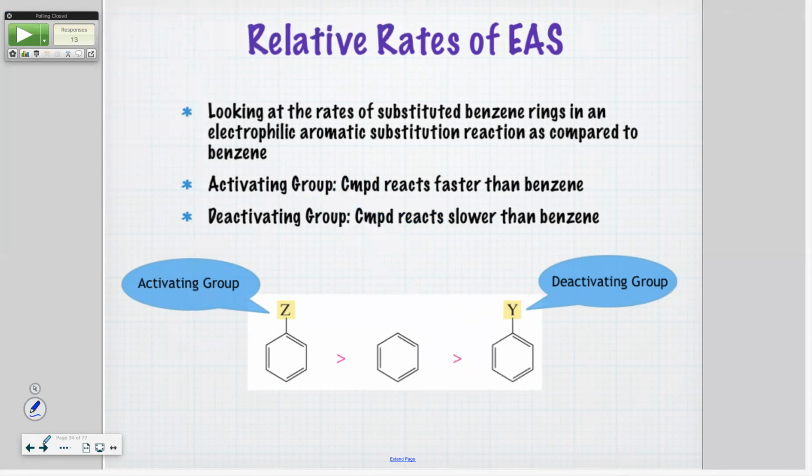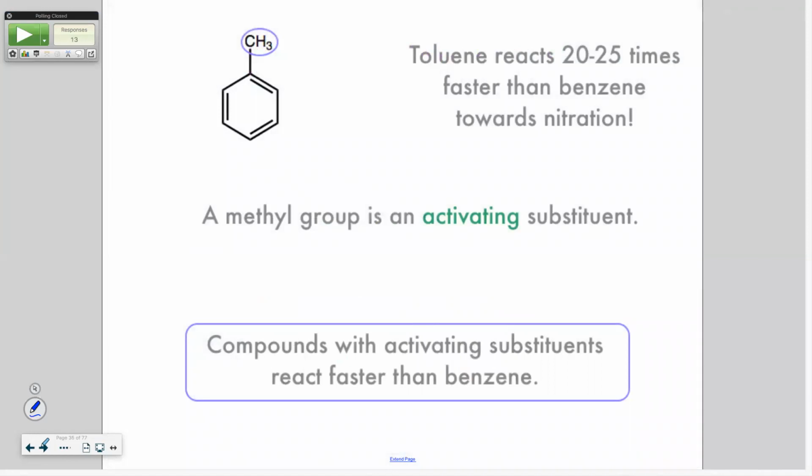There is no element Z. Is an activating group. There is an element Y, however, that is not it. It's just random. All right, so this is more reactive with Z, it's less reactive than the compound with Y on it. Okay, so here is toluene. Okay, toluene is methyl on a benzene, remember. Toluene reacts 20 to 25 times faster than benzene if you do an electrophilic aromatic substitution.